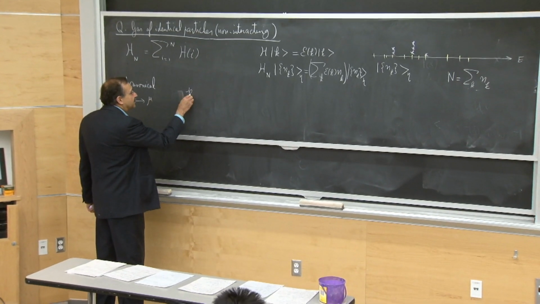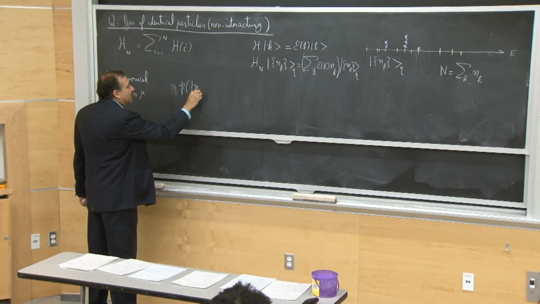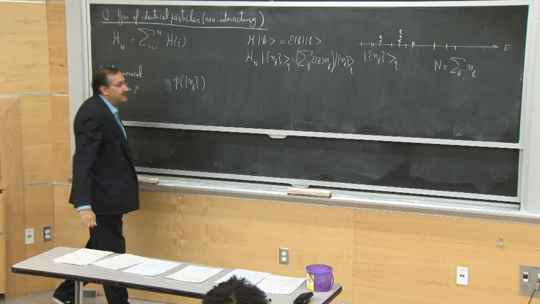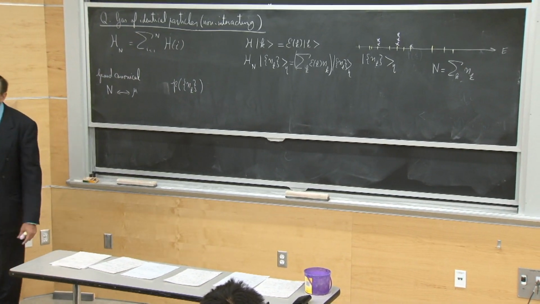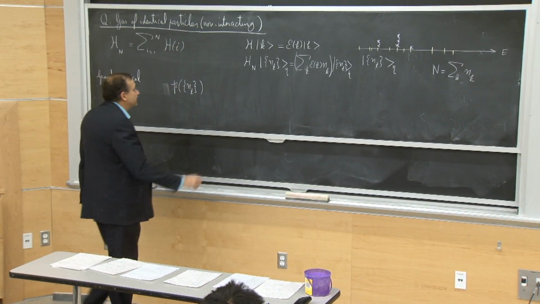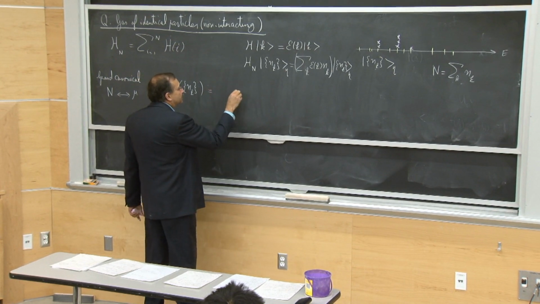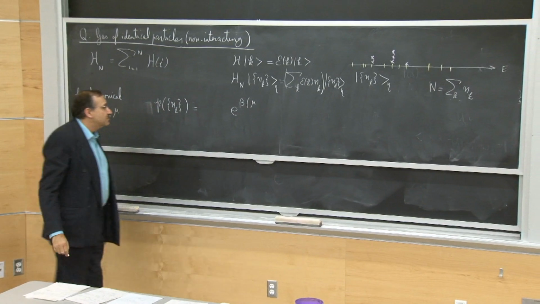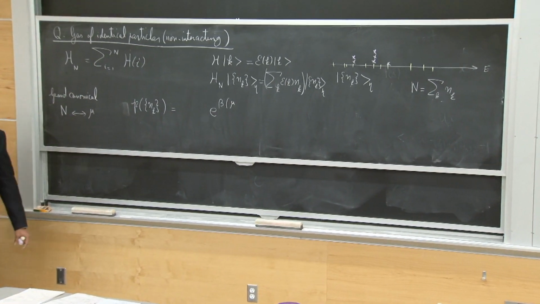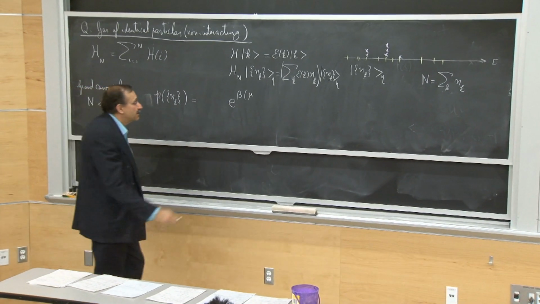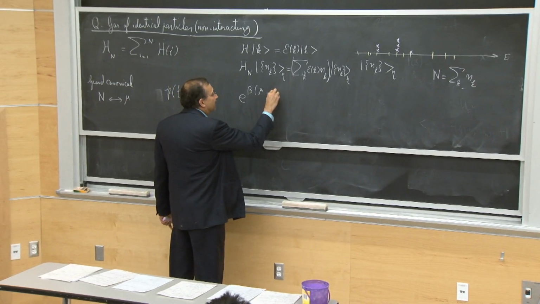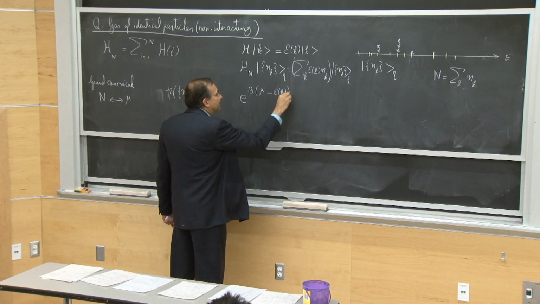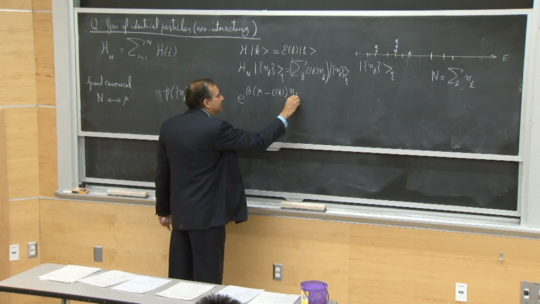And so the probability of a particular set of occupations in this grand canonical prescription is proportional to e to the beta, of course, we have mu if we are going to this grand canonical ensemble, minus epsilon k, and then we had nk.